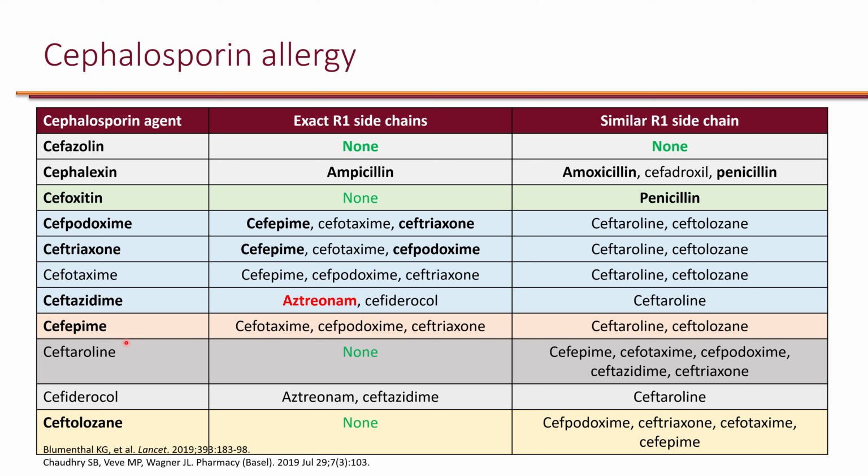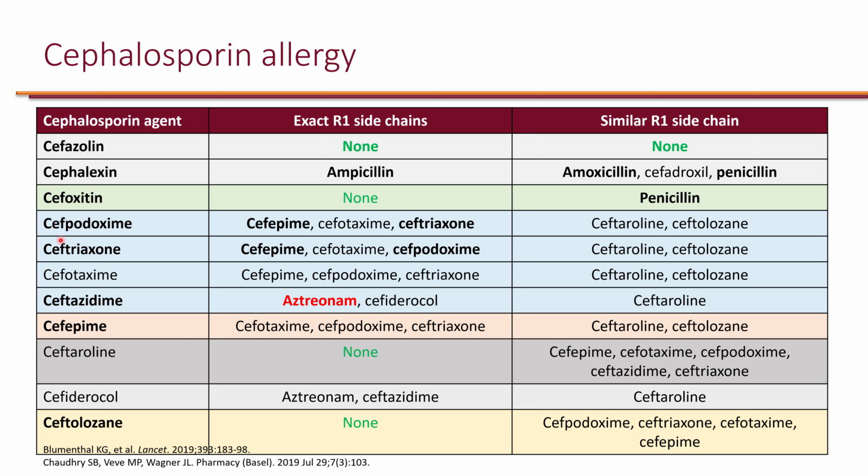So I have listed some of the more commonly used cephalosporins, especially the ones in bold. This is not an extensive list. As I mentioned, cefazolin does not have a similar side chain with anything else. Cephalexin shares one with ampicillin and amoxicillin, as well as penicillin.